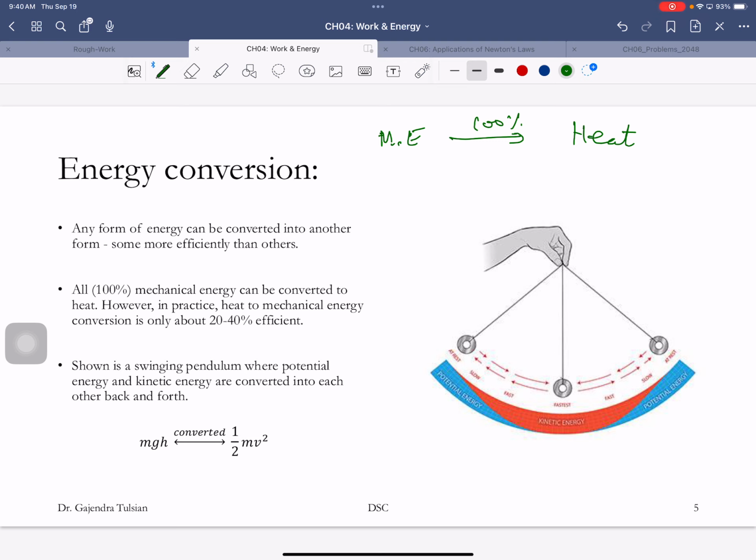All right, when you burn gasoline, you've released heat. Do you guys know how much of that is converted to the motion of the car? About 20%. What happened to the other 80%?